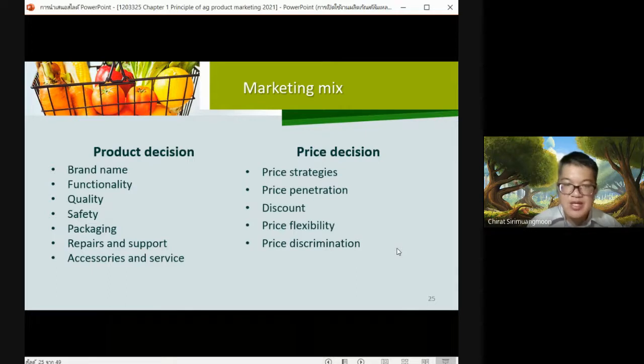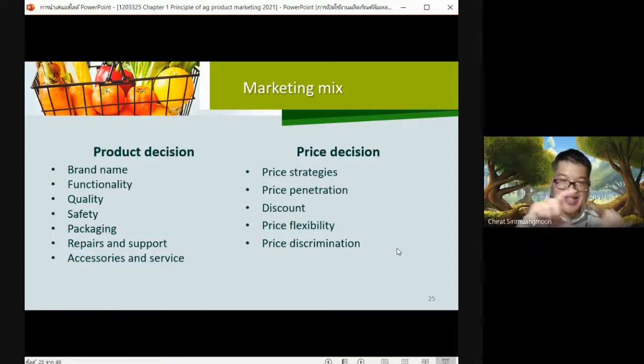Discount and price flexibility matter for agricultural products because they spoil very easily. So think about Lotus, the convenience store. Some people want to go to Lotus maybe at 7 p.m., because at that time they will change the price, since the quality of some agricultural products is reduced.